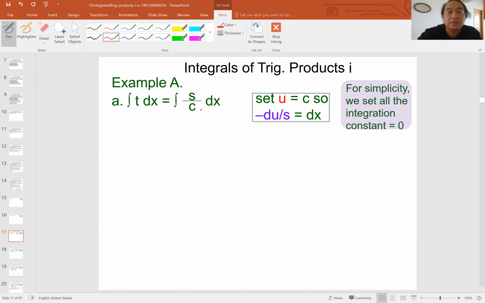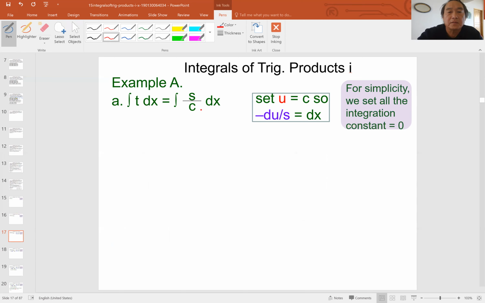Hence, we can use the substitution method. This is sometimes a standard trick dealing with secant, to get these integrations workable.